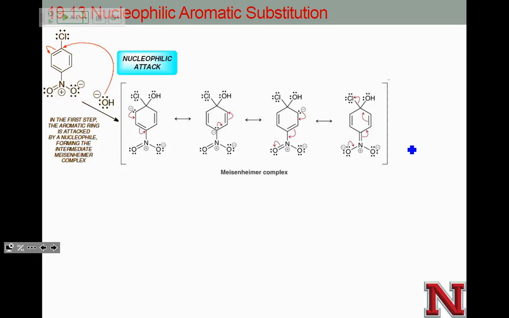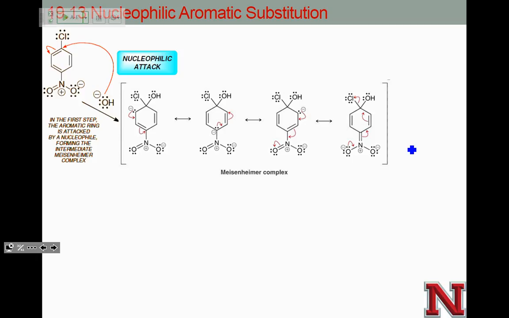So again, this is going to have completely opposite electronic effects than our electrophilic aromatic substitution, because we're talking about a negative charge in the ring that we're trying to stabilize. So when our electron withdrawing group is meta, we never get this extra stable resonance structure.